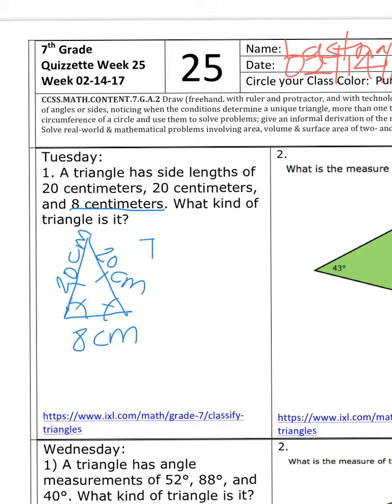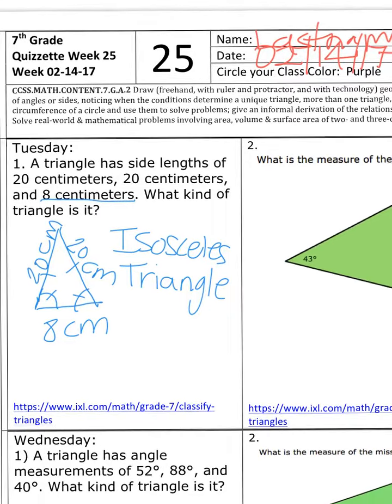So this right here would be an isosceles triangle. Now I hope I didn't spell this wrong, and if I did, just correct it.